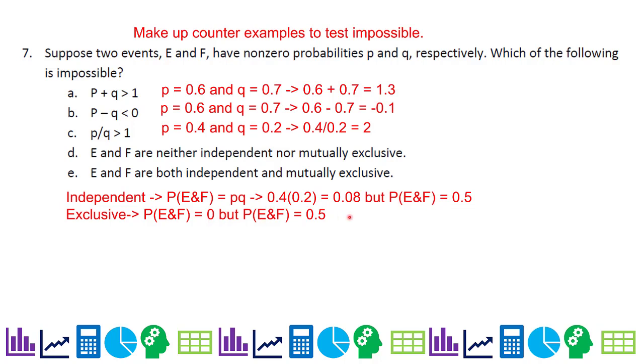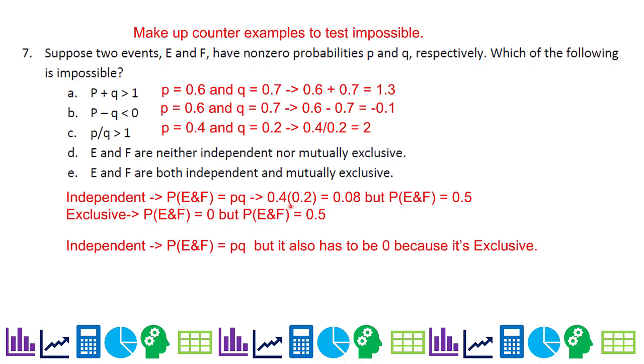And there's no reason it couldn't be that probability here, which shows you that E and F are neither independent nor mutually exclusive. So D is fine. Now, if it's independent, the probability of E and F must equal the product of P and Q. But it also has to be 0 because it's exclusive. Well, that can't happen. Statement E is impossible.